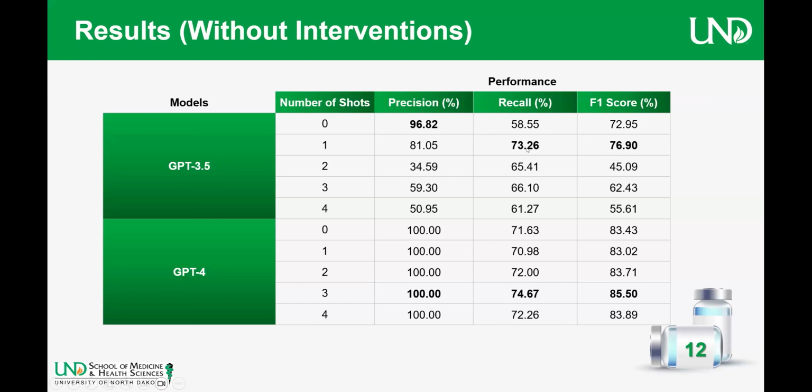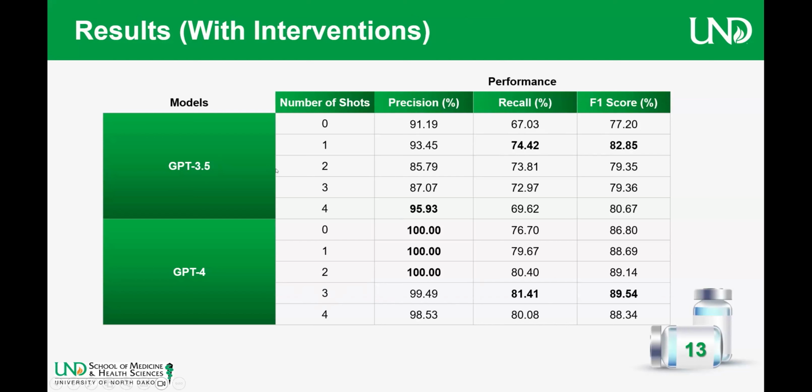However, the recall and F1 score are highest for the 1-shot setting, that means when we provided one example of what the output will be for a given input. For GPT-4, the 3-shot setting achieved the highest precision, recall, and F1 score.